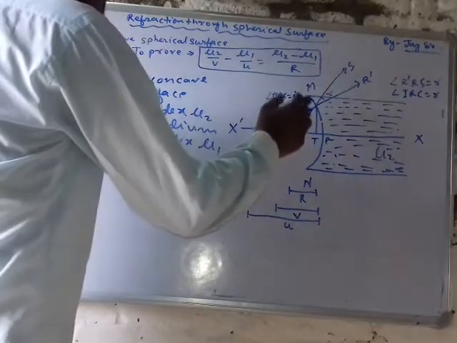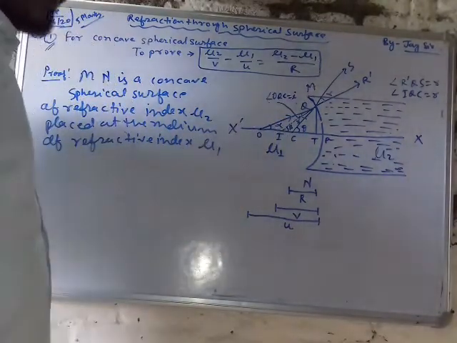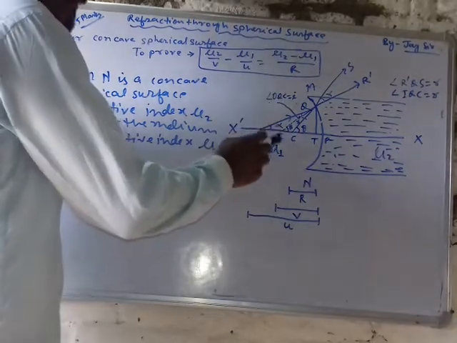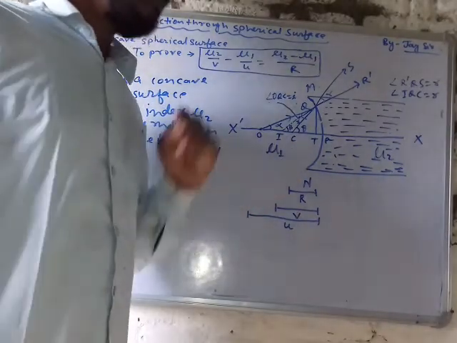R dash Q produced meets the principal axis at point I. So the final image of this object is formed at I.